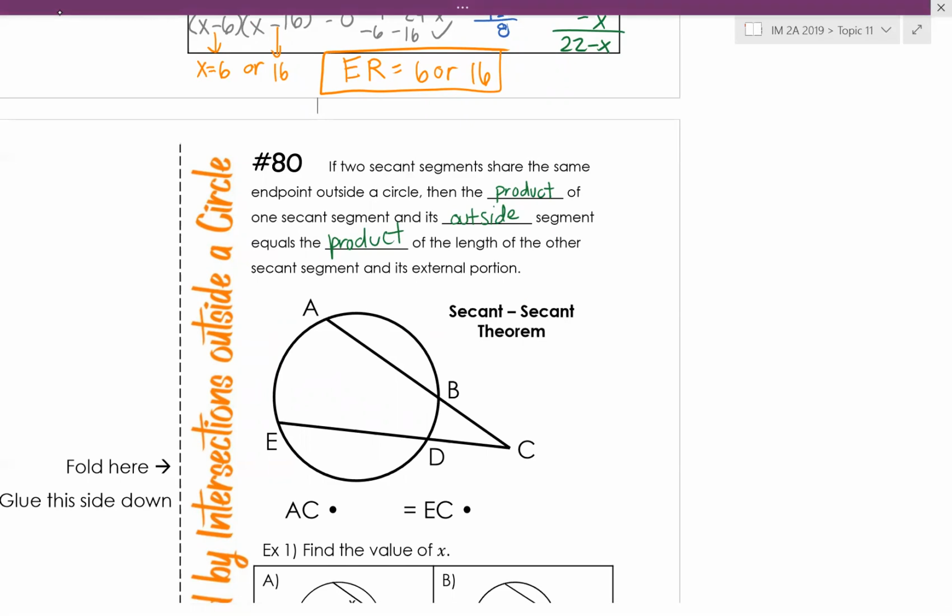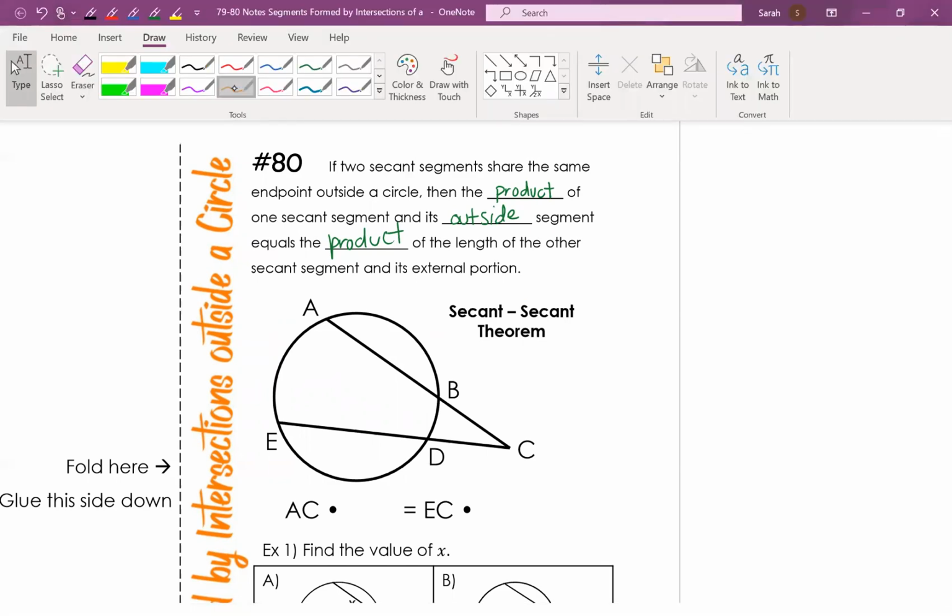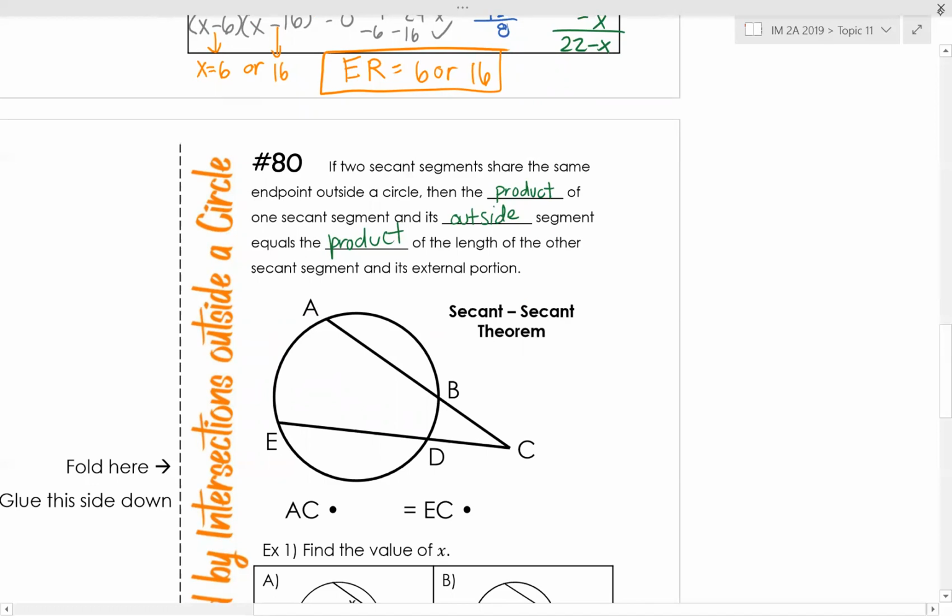So in this problem, if I have AC as the whole, then I'm going to multiply that times the outside. So the outside for this one is BC.